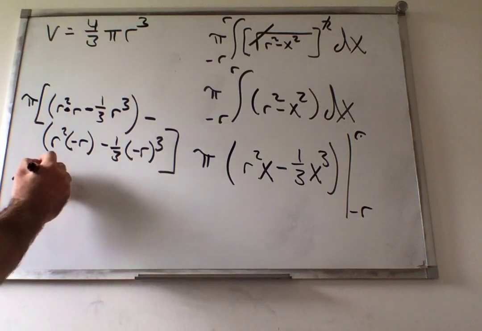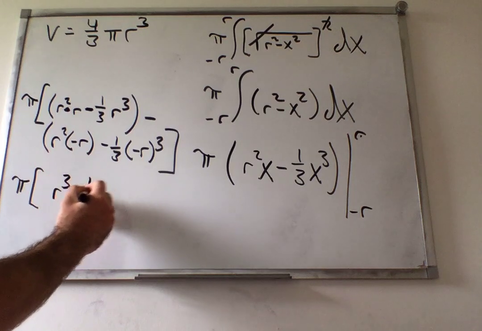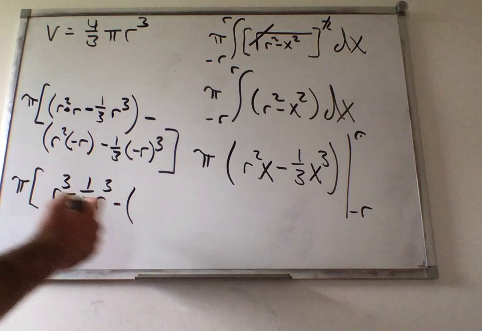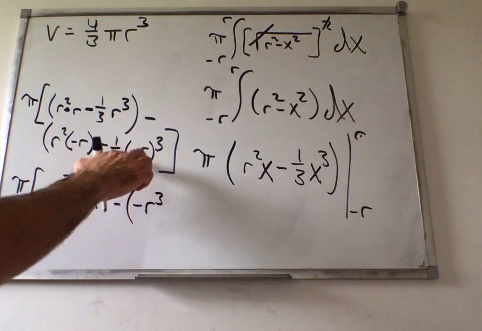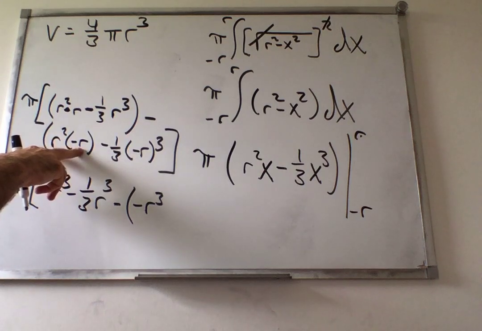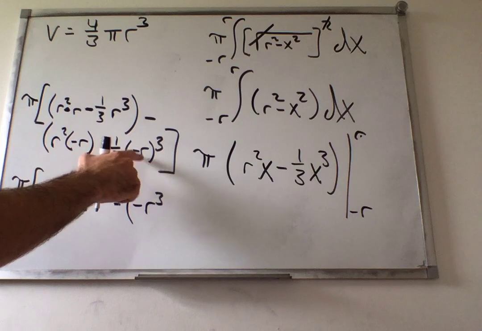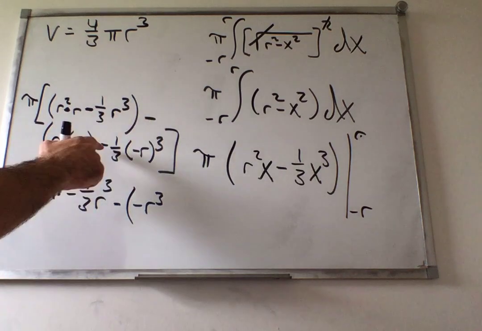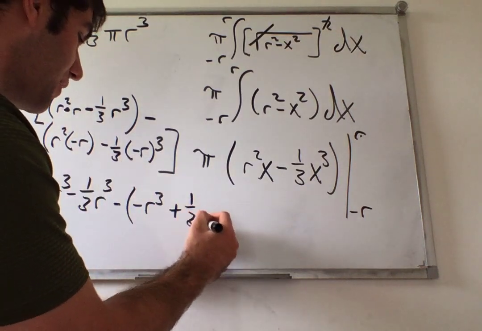So this is pi times, well, right here, that's r cubed. Minus 1/3 r cubed. Minus, this gives me a negative r cubed. Minus a, okay, so see, this gives me an r cubed with a negative r cubed. Negative r in parentheses cubed is negative r cubed, but since there's a negative here, it turns into a positive 1/3 r cubed.